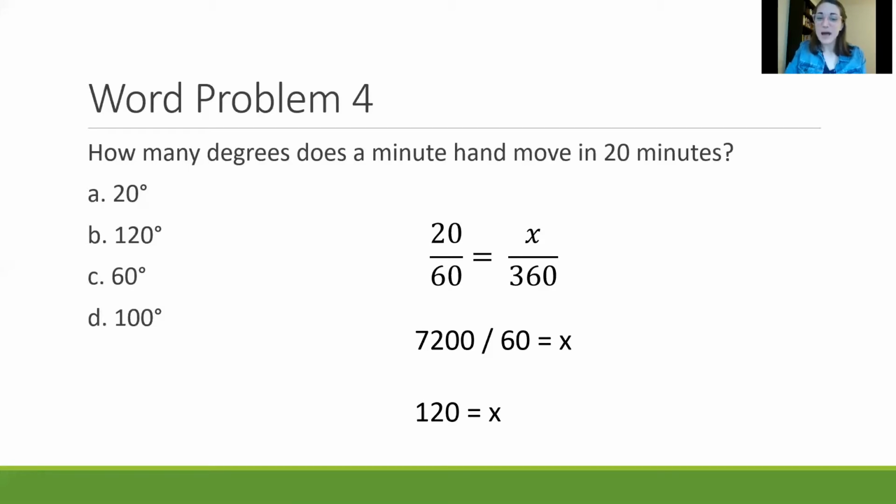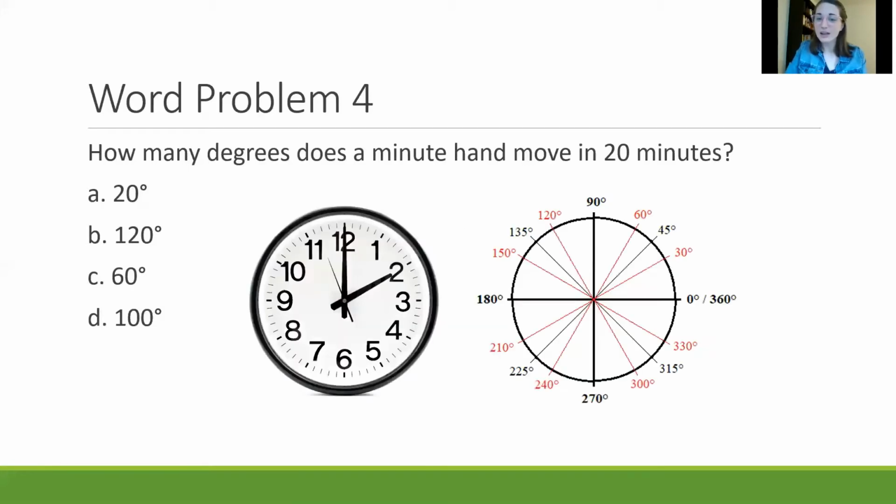Now, I want to go back just to look at our clock and our degrees. You can think about it simply as just thinking, okay, 15 minutes, right? We know 15 minutes would be going from the 12 to the 3. That would be a right angle. So we know that's 90 degrees there. So 20 minutes is going to be more than that.